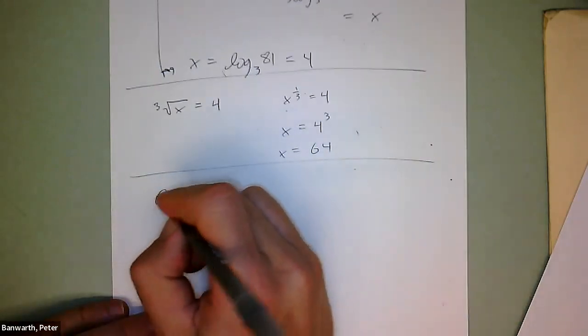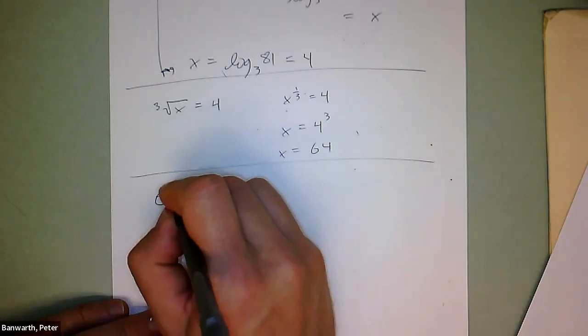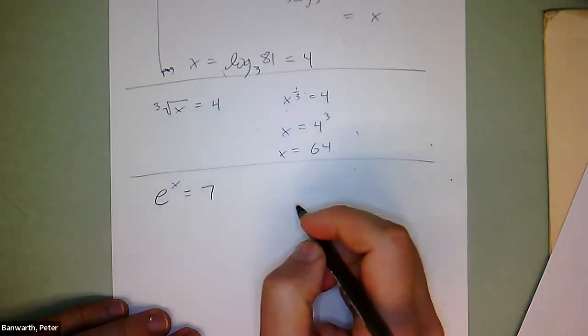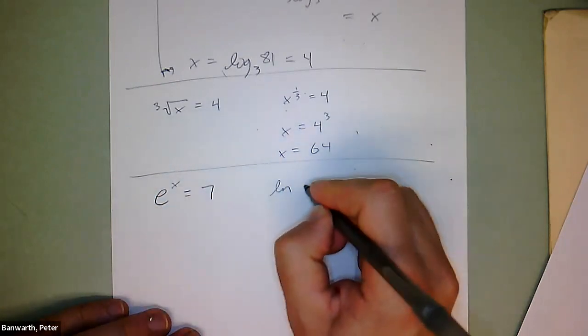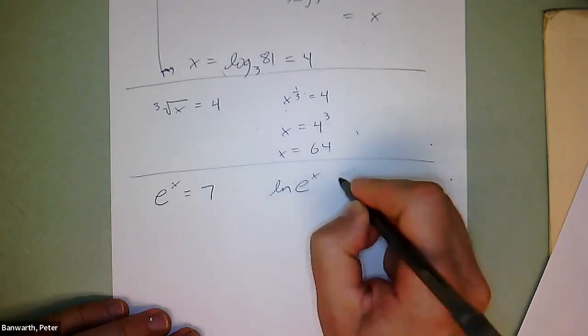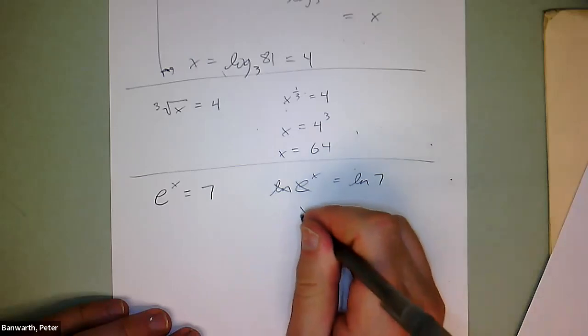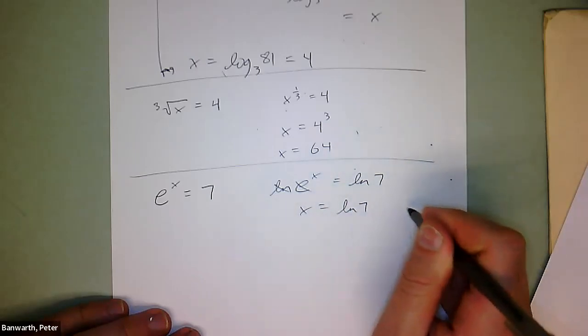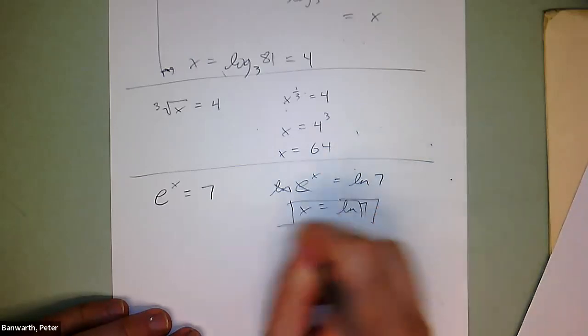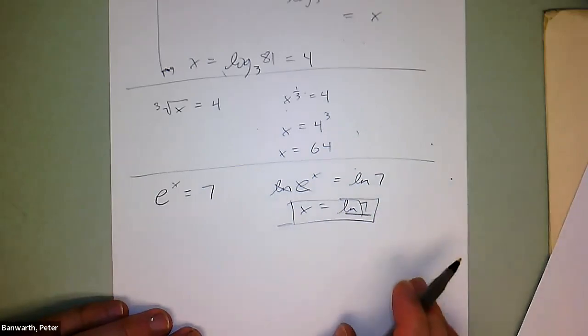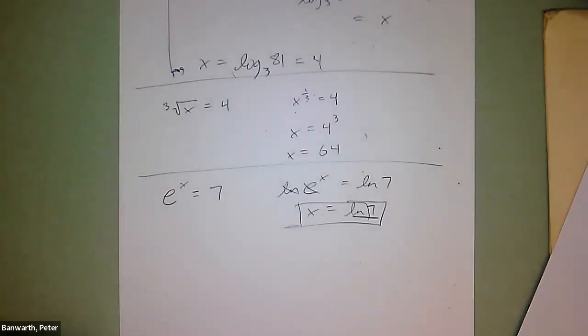I could do e to the x equals 7. And since it's my base e, I can do natural log of e to the x equals natural log of 7, and the natural log and the e cancel, and I get x equals natural log of 7. That is the answer because this is a number. It just doesn't look like a decimal, but it is a number.